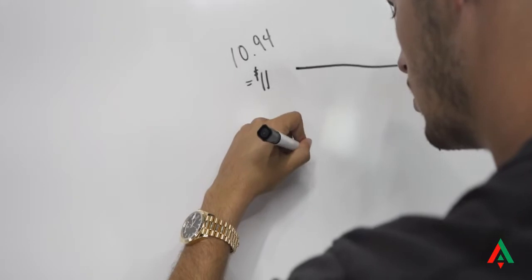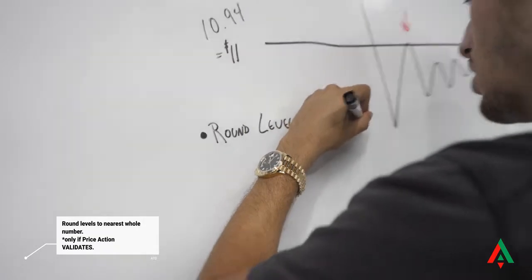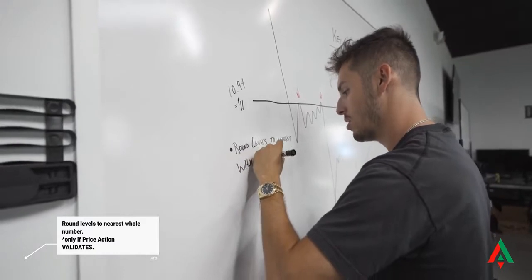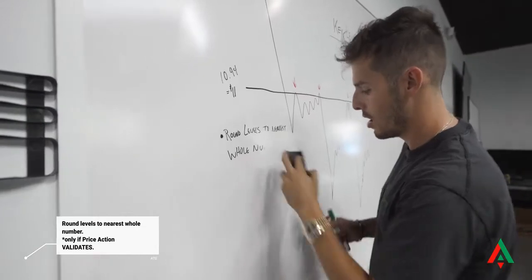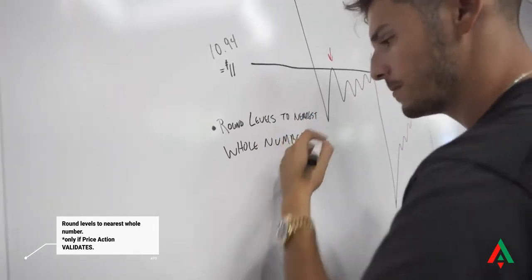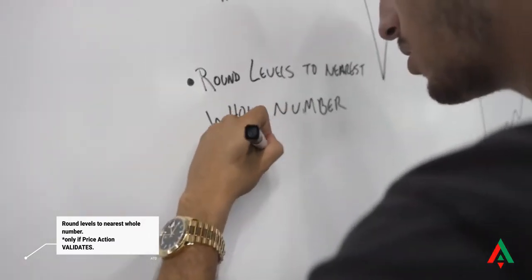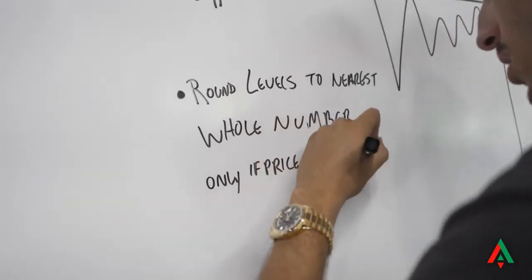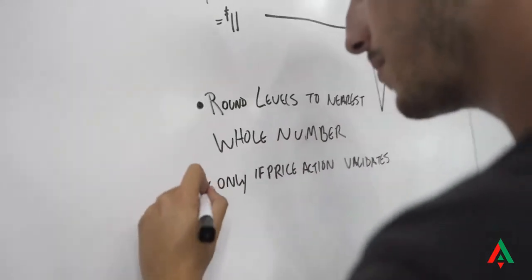Round levels to nearest whole number, only if price validates. And I'll explain what that means in a second.